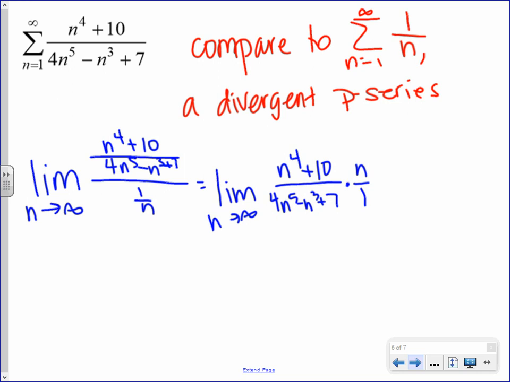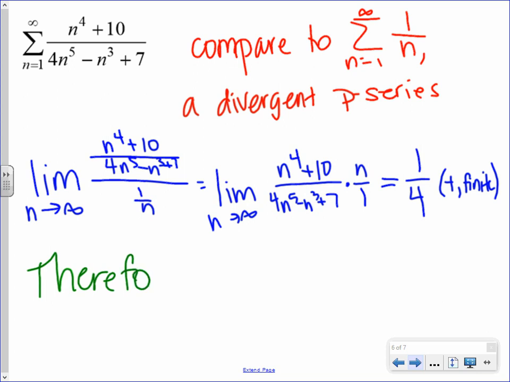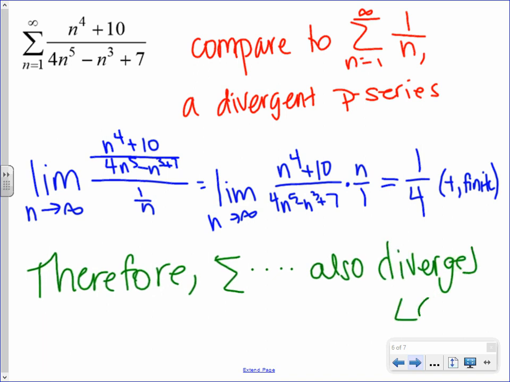And you know what's going to happen. We have a 5th degree divided by a 5th degree. What's our limit? 1/4, which is positive and finite. Therefore, the sum also diverges by the limit comparison test.